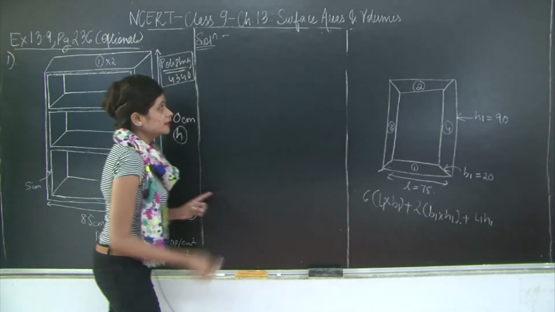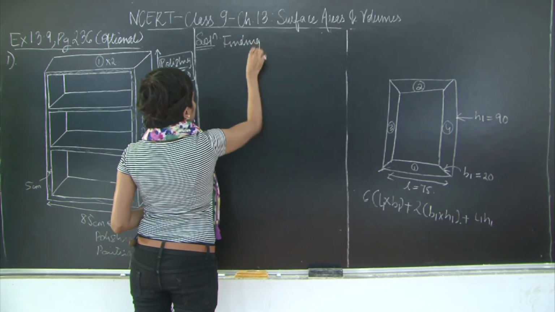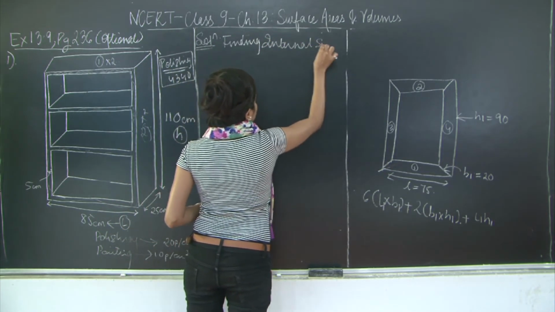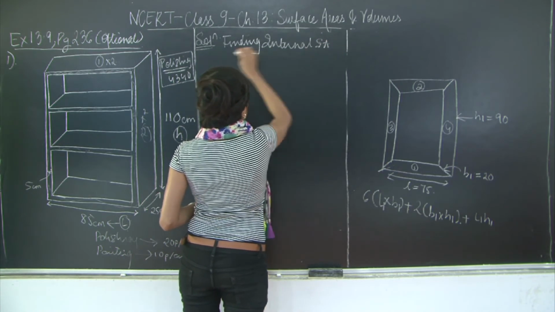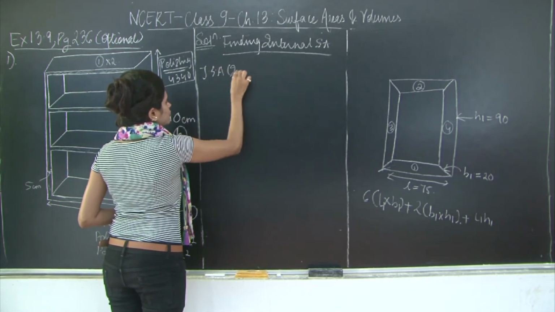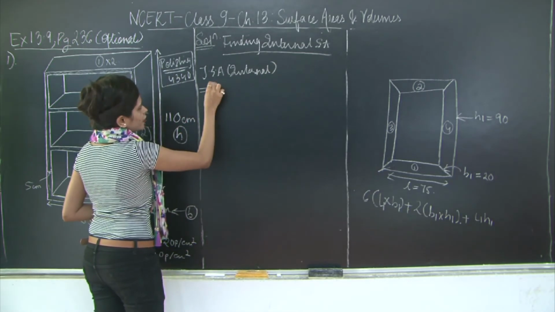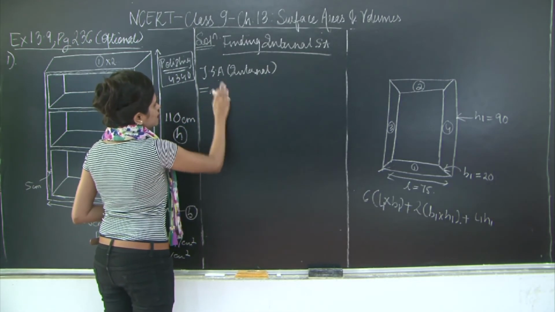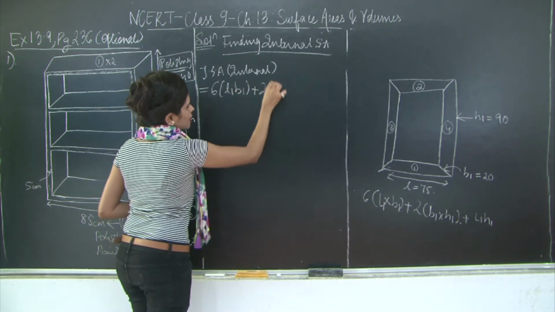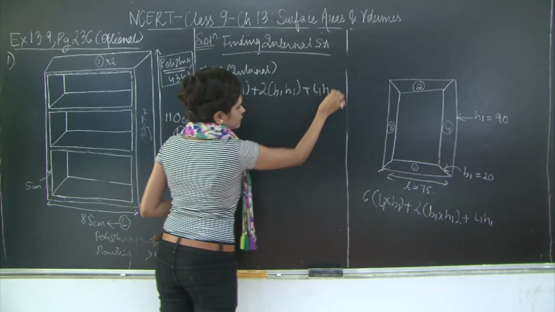Okay. Now let's proceed. So I'll say finding internal surface area. So total surface area internal is going to be equal to 6 times L1 B1 plus twice B1 H1 plus L1 H1, right?